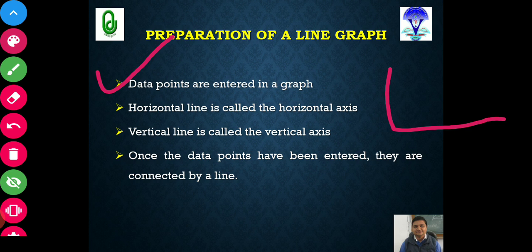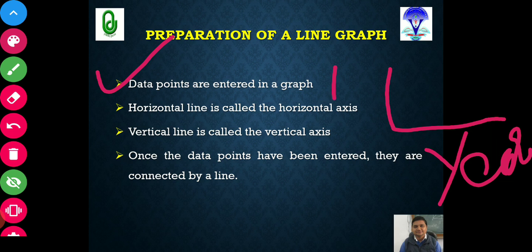Suppose on the x axis years have been written, and on the y axis we are writing milk production. First, in 1990 the milk production, suppose, is 2000 liters. So here is the 2000 liters.